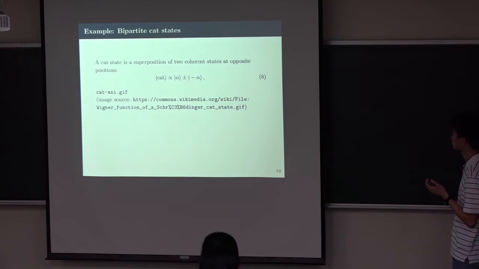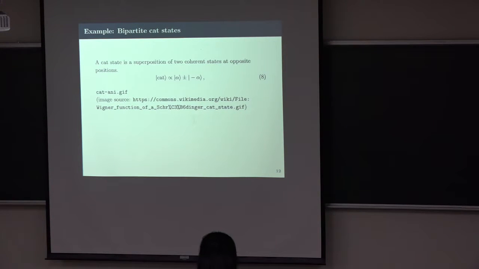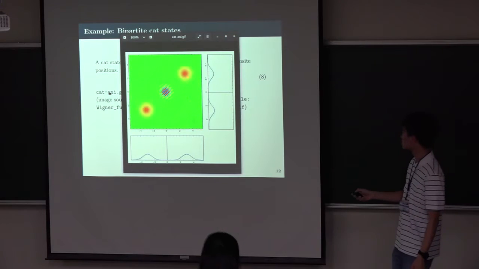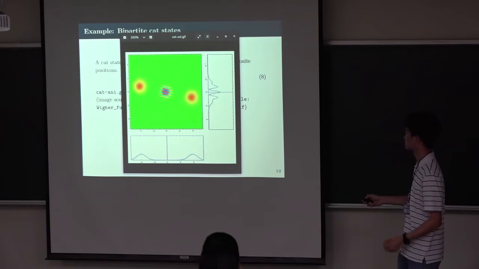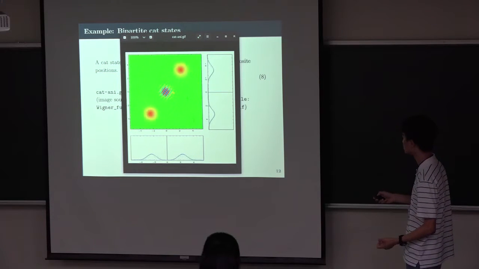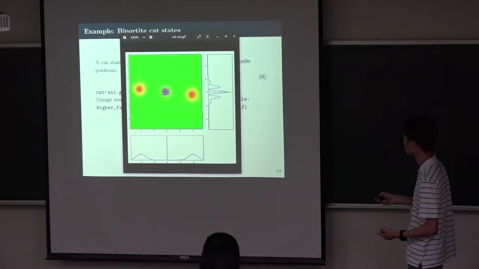The first example is the cat state. A cat state is the superposition of two coherent states at opposite positions. So let's see how its Wigner function looks like. So here are the two Gaussian functions corresponding to the two coherent states. But here is also an interference term in the middle.